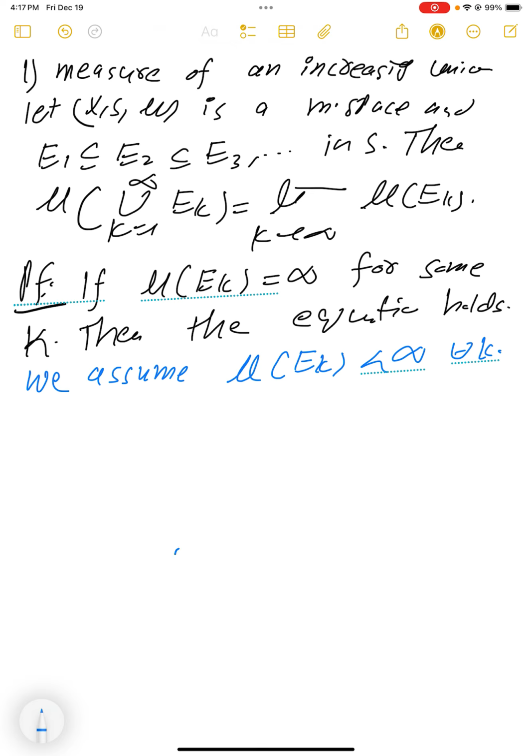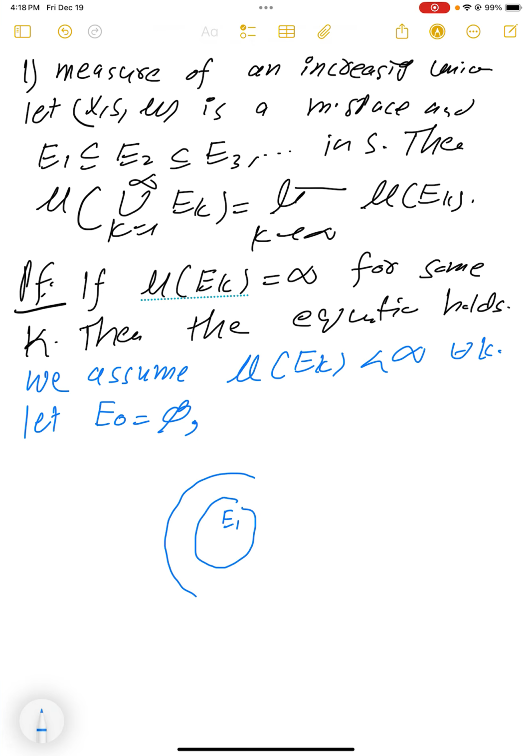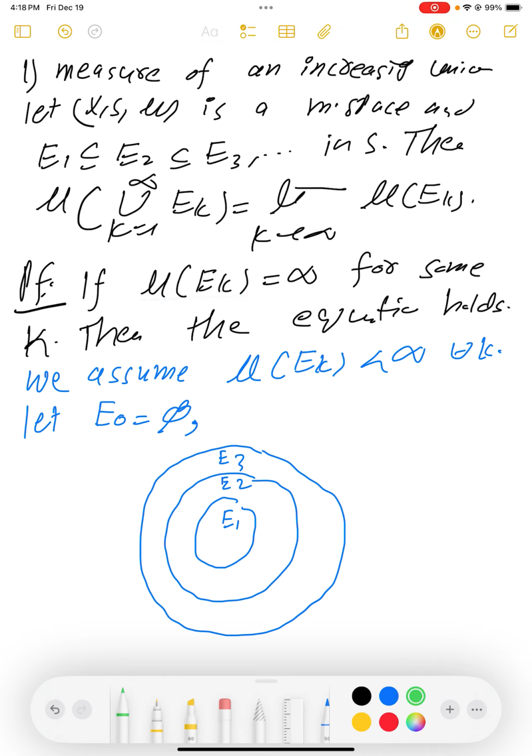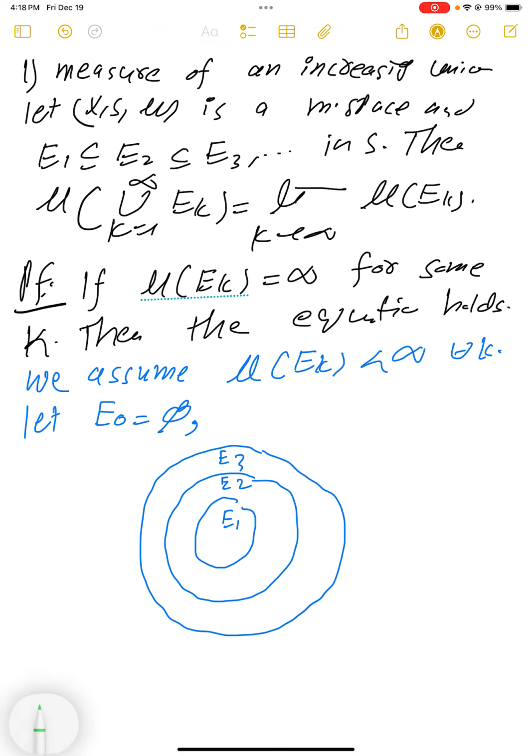So first thing, let's say that E_0 is the empty set, and also to see that, suppose this is my E1 and this is my E2 and this is my E3. Okay, so now what do you think about this area?